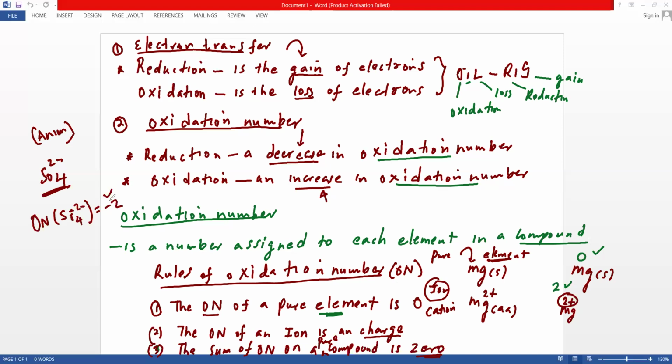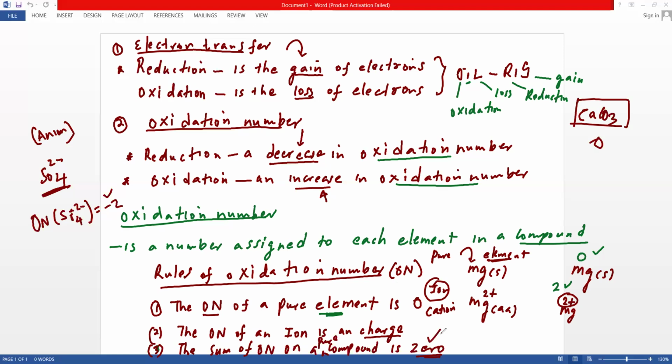So this must add up to -2. But if it's just a pure compound, for example, calcium carbonate, the sum of the oxidation numbers, because this is just a compound, should be 0. Very important. It's a compound, not an element.